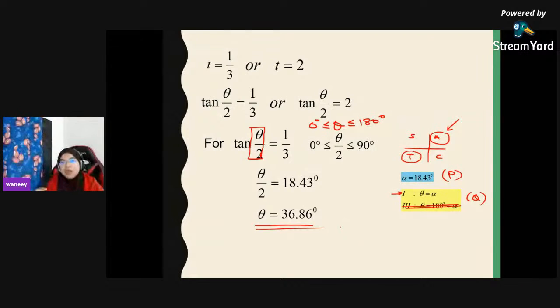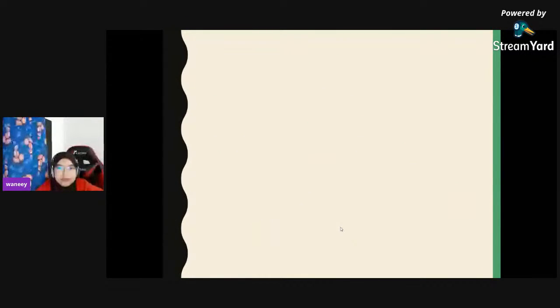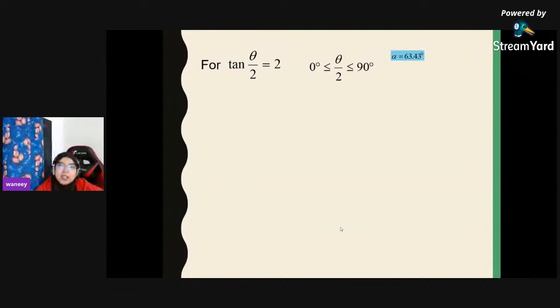So we got another one where we have tangent theta over 2 equal to 2. So let us go to that one. Okay, so now tangent theta over 2 is equal to 2. Again, find out the basic angle or the principal angle.